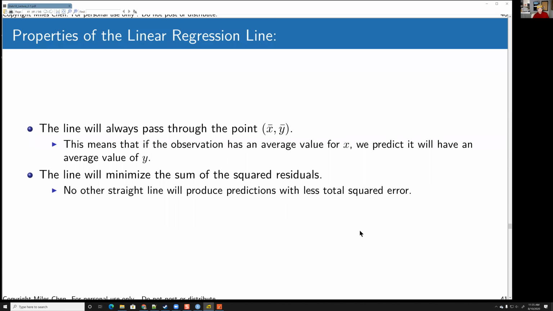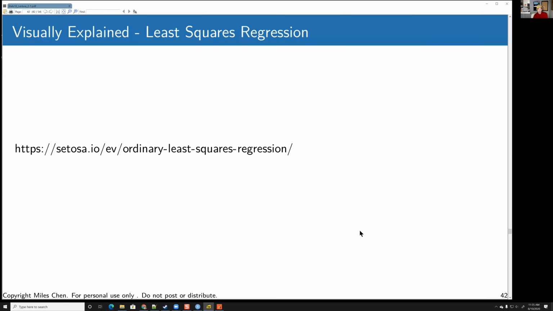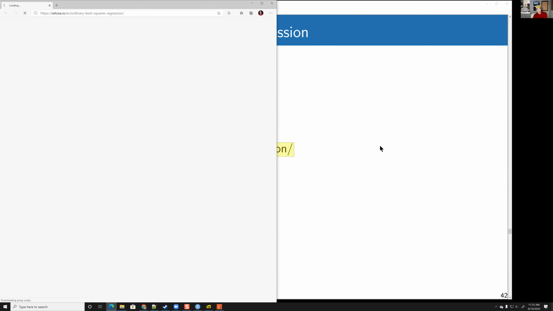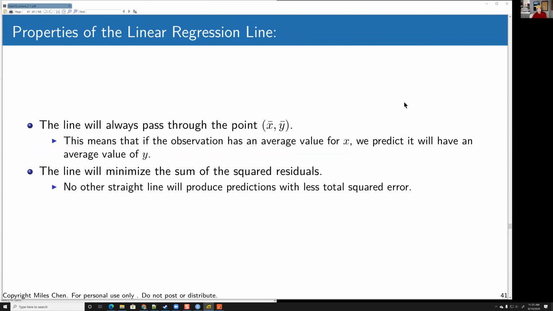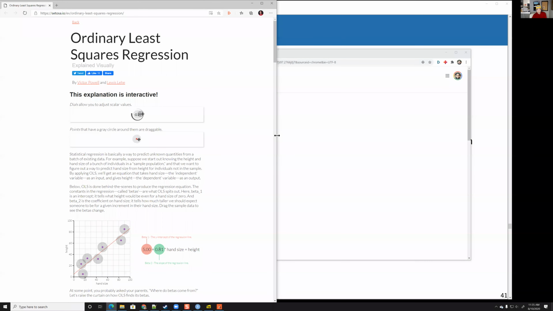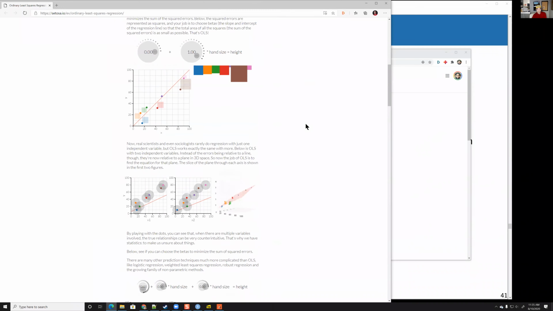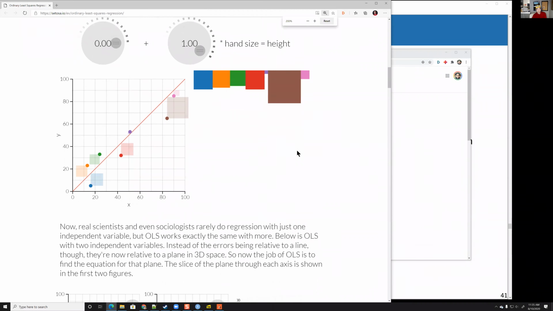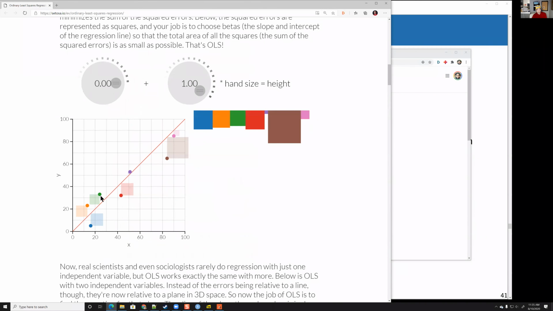And so I want to illustrate what we mean. The linear regression line is sometimes called the least squares line. Let me zoom in here. Here we have these different dots, and the red line represents the fitted line, the prediction line.